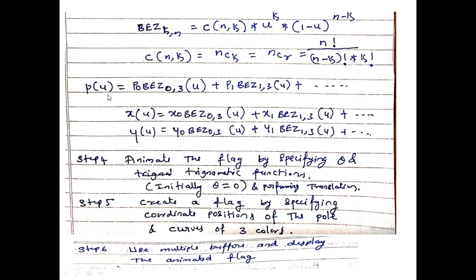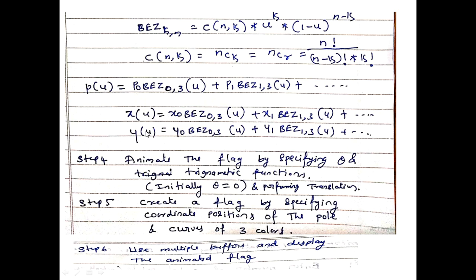This is the position vector. Next we need to calculate the pixel position of each pixel in that particular curve with respect to the x-axis position and the y-axis position. To calculate the x-axis position, in this equation, wherever P naught is there, write x naught, x1, x2 and x3.